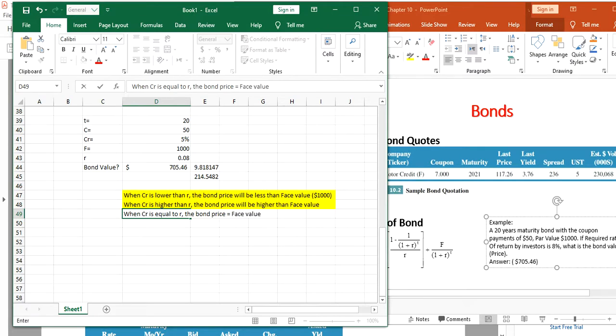You don't get anything and you don't lose anything if you sell your bond right away. So that was all about bonds, and I'm going to cover stocks or common equities in the next video.